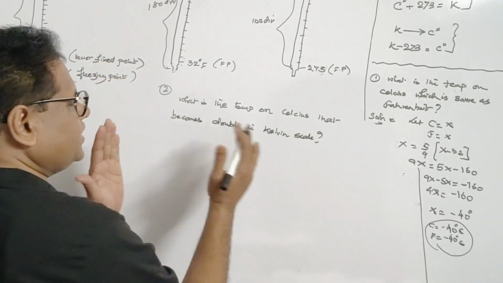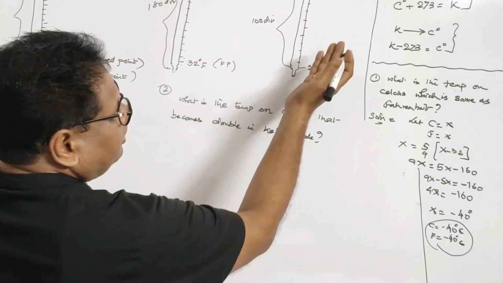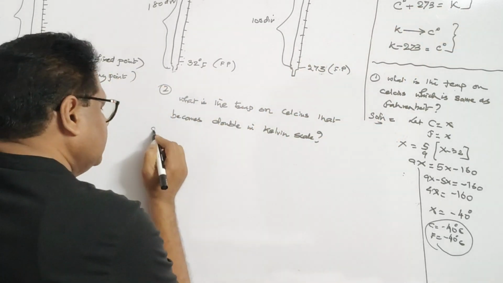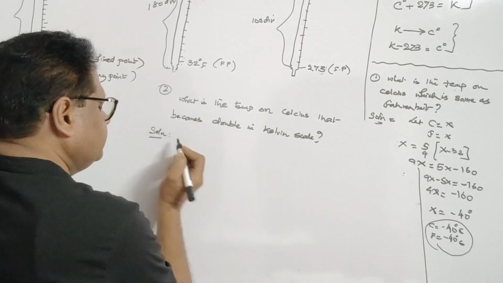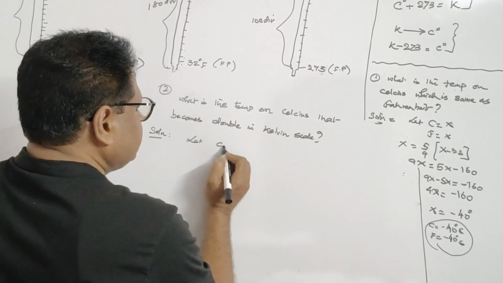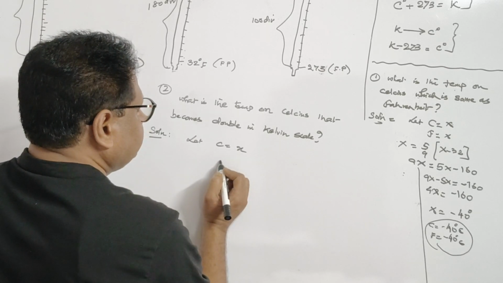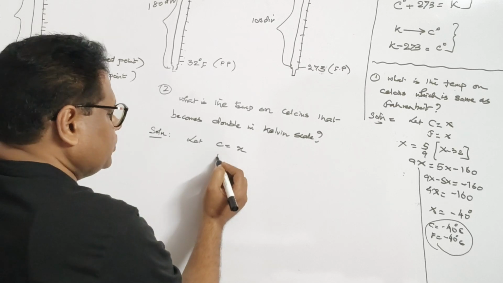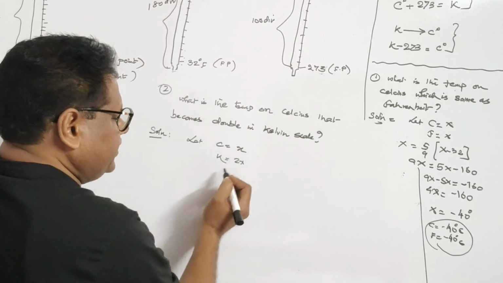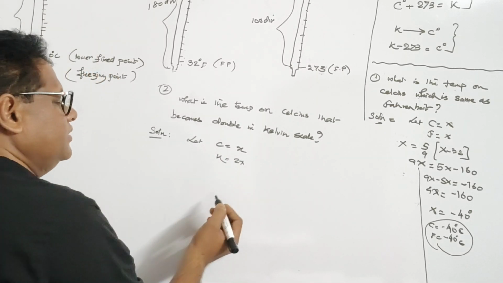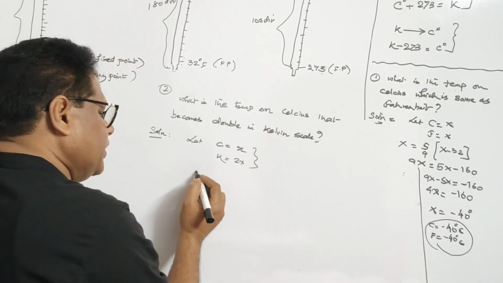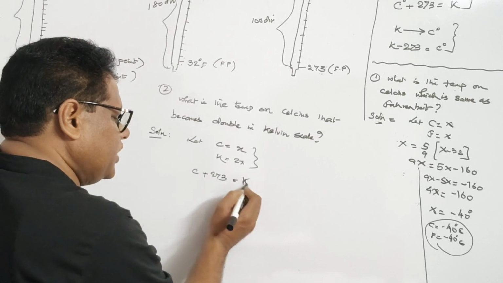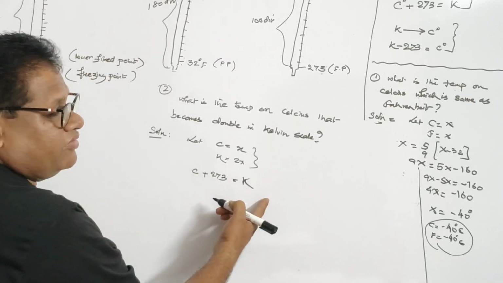Now we are connecting Celsius and Kelvin. As I told you, the simple relation is C plus 273 equal to Kelvin. Now the solution is as follows. Let Celsius temperature be X. That becomes double in Kelvin. So the Kelvin temperature will be 2x, right? And now we are going to use the relation C plus 273 equal to K, connecting Celsius and Kelvin.